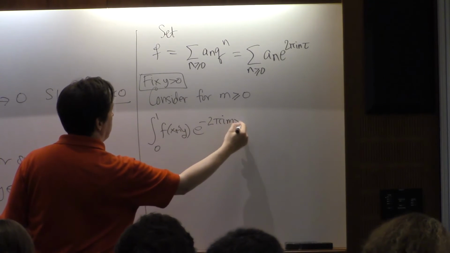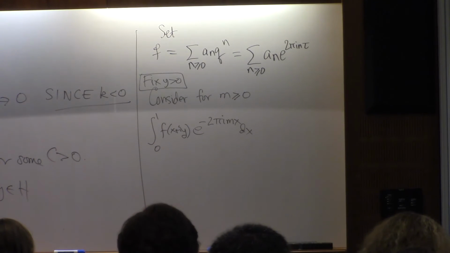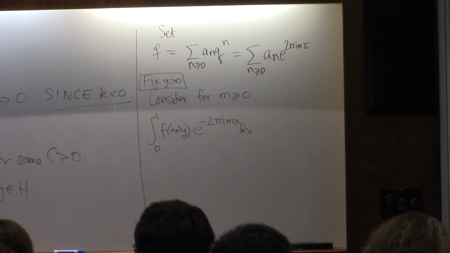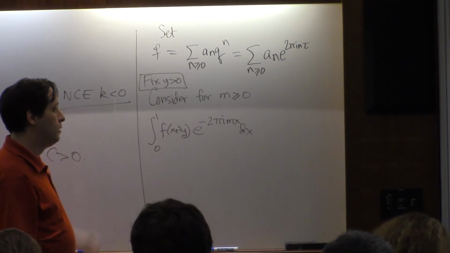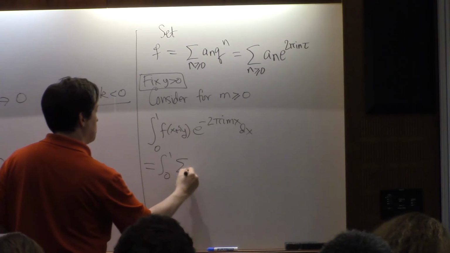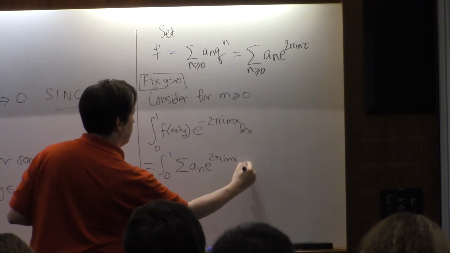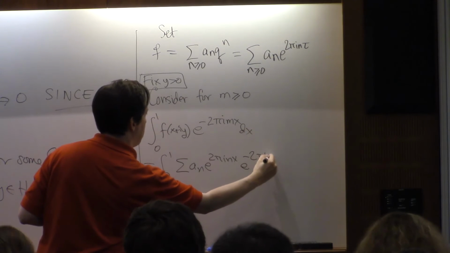pi i m x. So the y is fixed, so it's like I'm at a certain height, and I'm integrating across a horizontal line segment of width 1, from x equals 0 to x equals 1. And the point is that this is the integral of a sum, a_n e to the 2 pi i n x, times e to the minus 2 pi i m x.